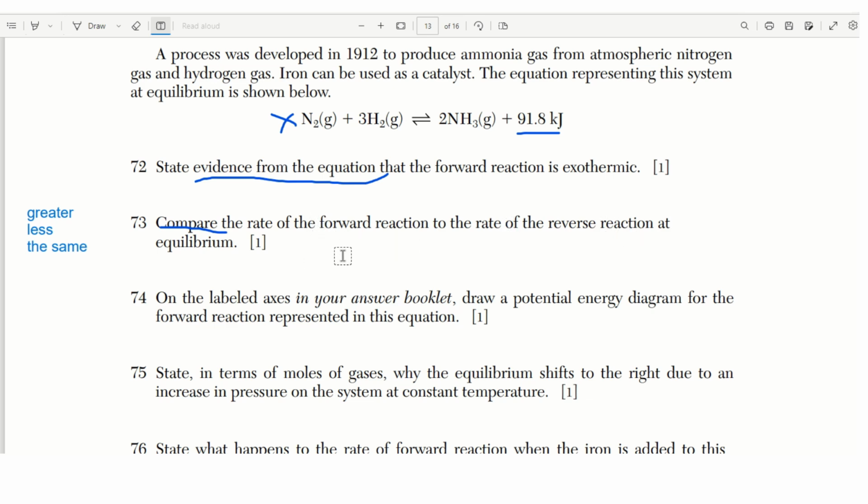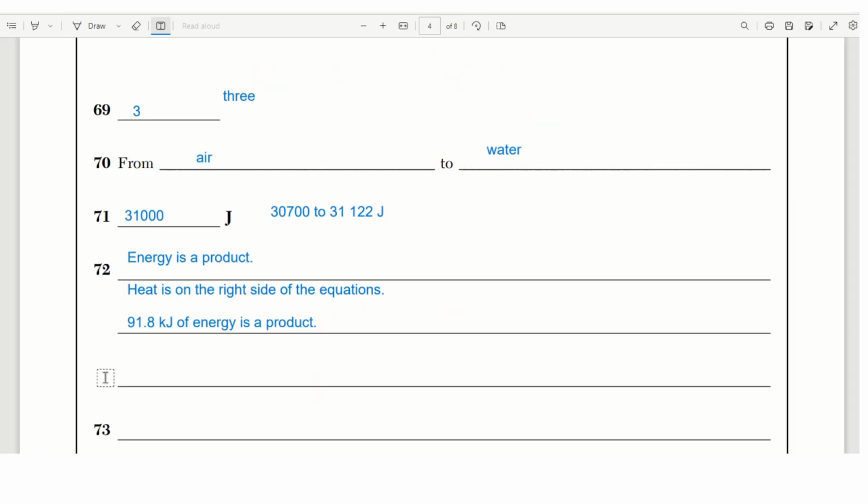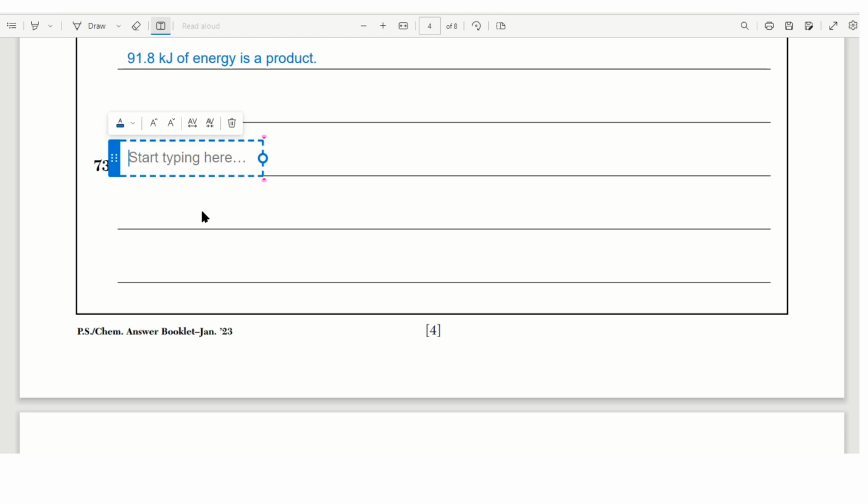All right, so compare the rate of the forward reaction to the rate of the reverse reaction at equilibrium. Okay, so at equilibrium, the rates are equal. The rates are the same.